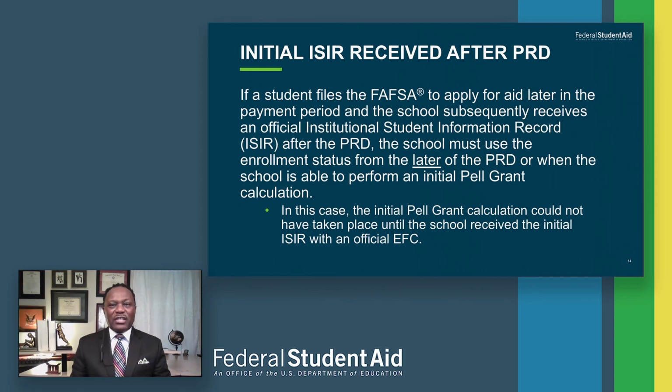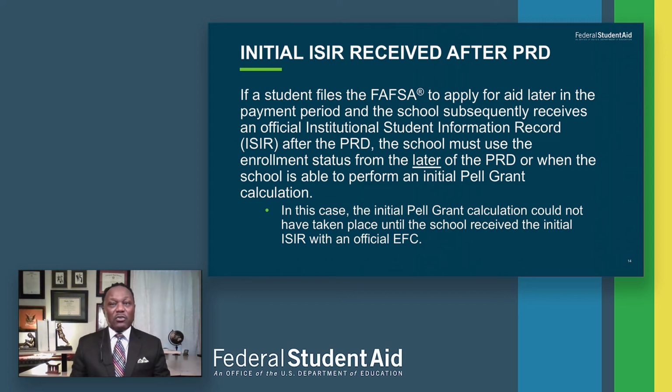These next slides continue with the same concept of an initial Pell calculation not occurring until after the student is both enrolled and the school has received an official ISIR for the student. There are some instances wherein a student may enroll but they do not complete the FAFSA, or an ISIR with an official EFC is not received until after the PRD.